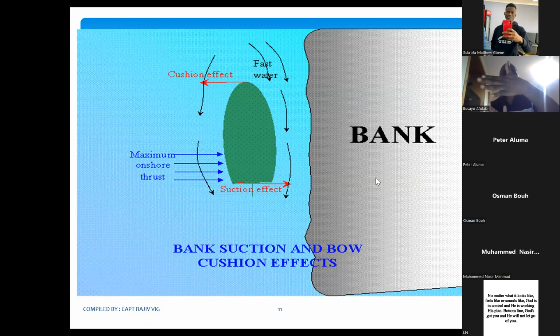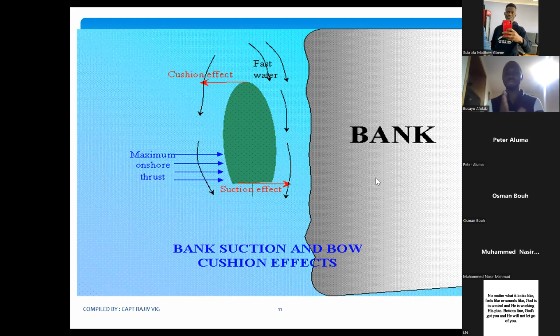So you'll have a case, involuntarily, and it's not a situation where you want to find yourself, where your stern is swinging towards the bank and the bow is pushing away. The bow pushing away is what I now term the cushion effect, and the stern coming in, especially if it comes in really fast, is the suction effect, because the bank draws it in.